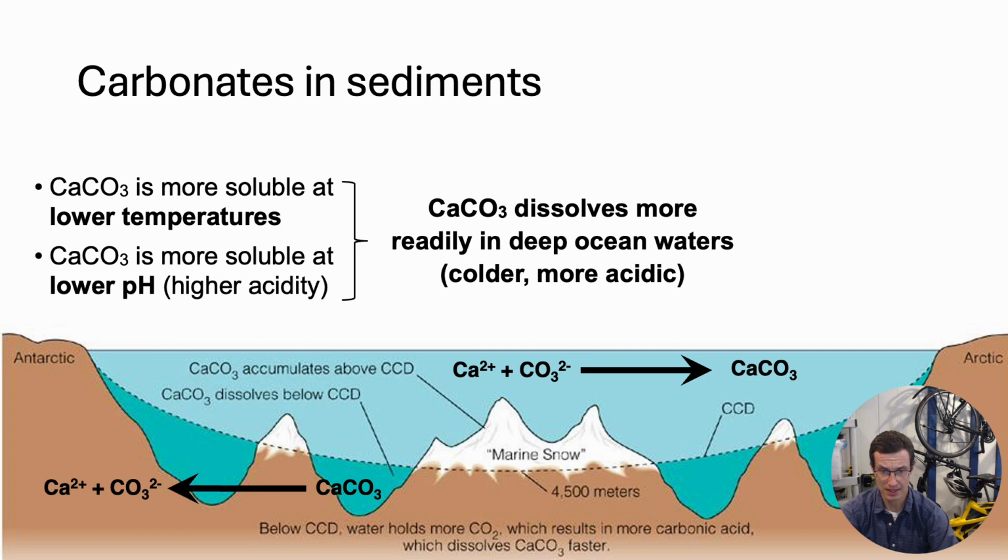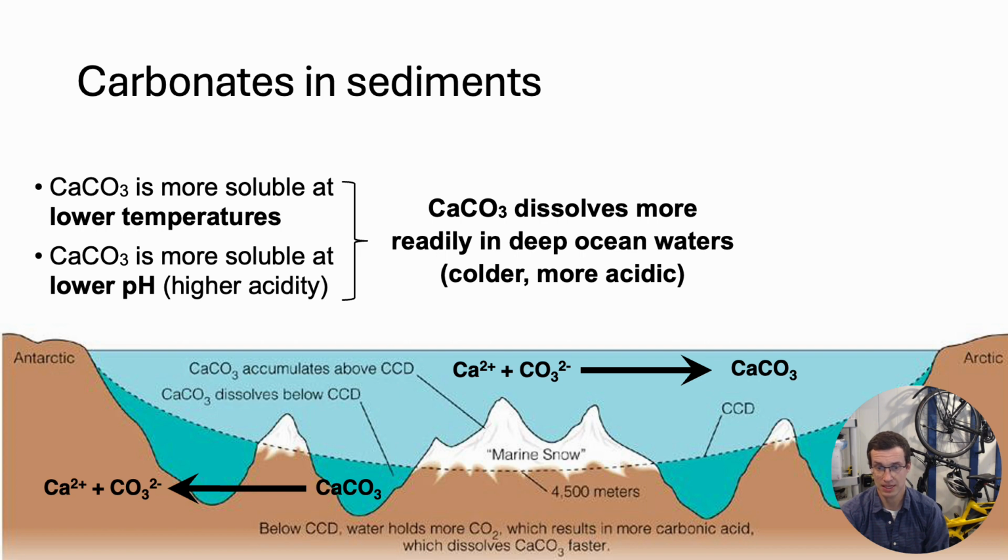So in this diagram here, it's a little bit older, but you can see that there's this dashed line above which you get this quote-unquote marine snow, which is just calcium carbonate that is accumulating in the sediments. And so above that, there's formation and settling of calcium carbonate. Now you can still have dissolution, but overall the settling outpaces dissolution, and so you have accumulation of carbonates in the sediments.